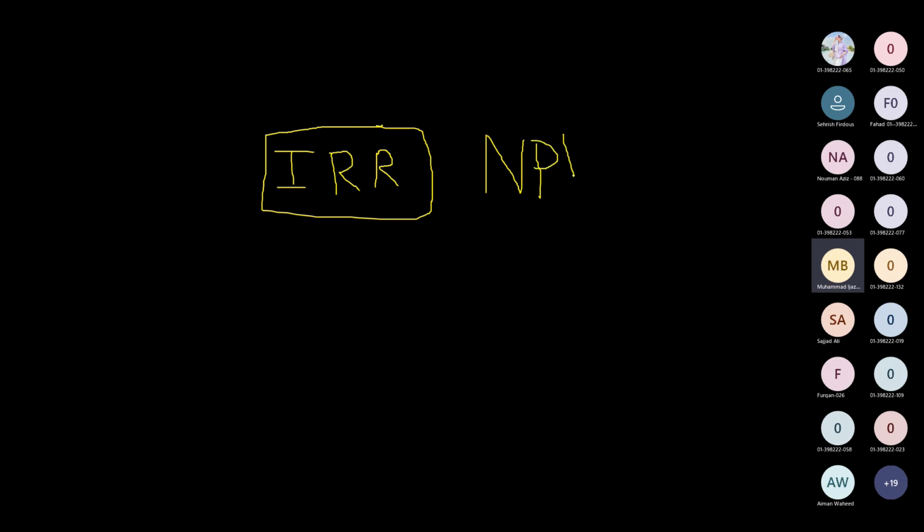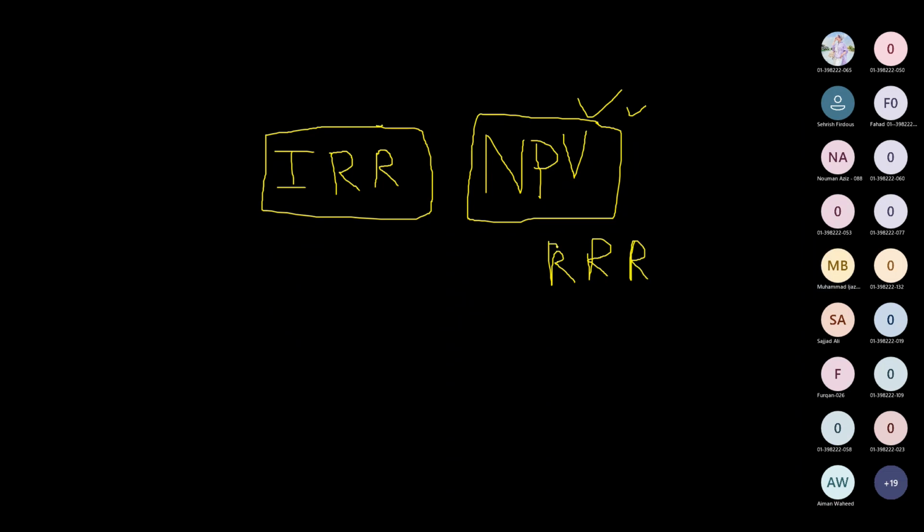Number one, simply calculate NPV of all the projects at your required rate of return, and then check which project is better. Is it clear?